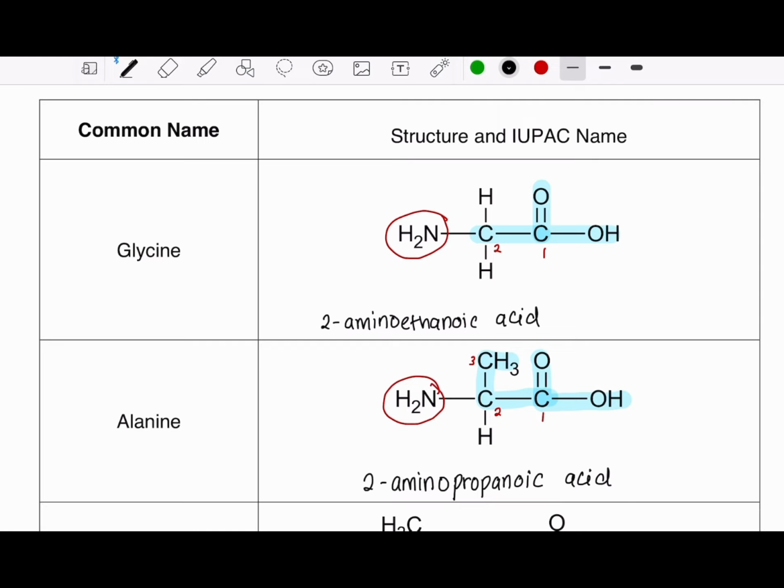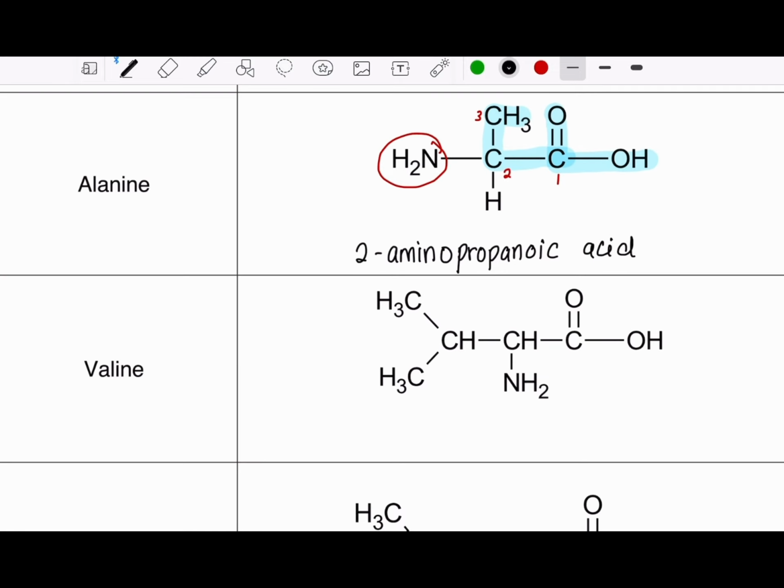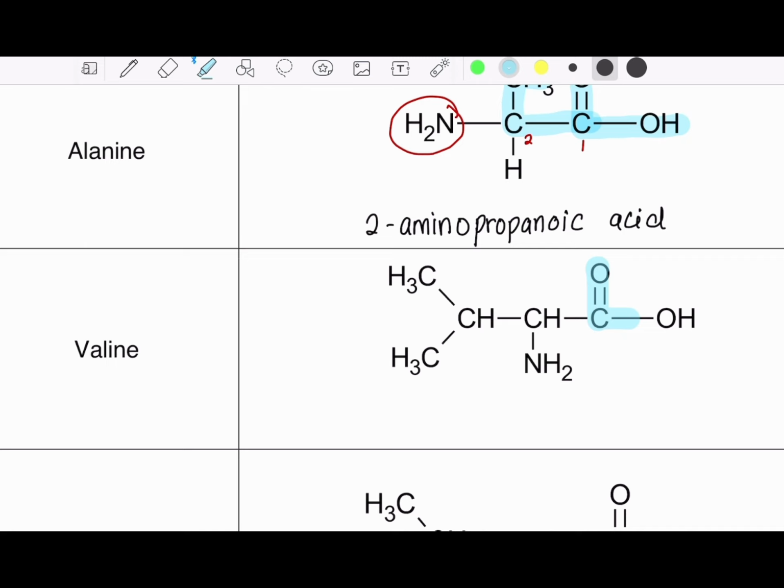Okay, let's try some more. We have valine here. Let's have this as the parent chain, 1, 2, 3, 4.